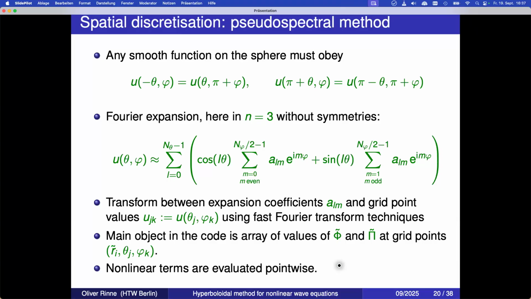And then if I need to, I can transform back to the expansion coefficients ALM. Okay, so that's the idea. It's basically a hybrid method. So it's a finite difference method in radius, but a pseudo-spectral method in the angular coordinates.